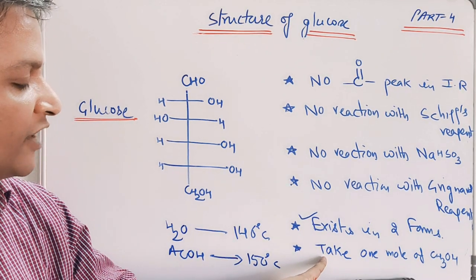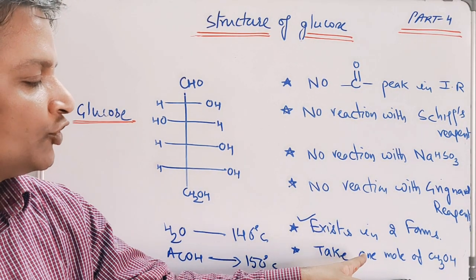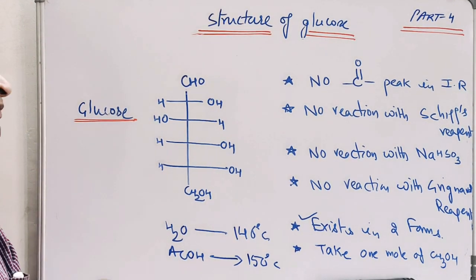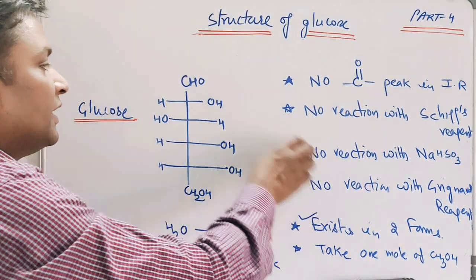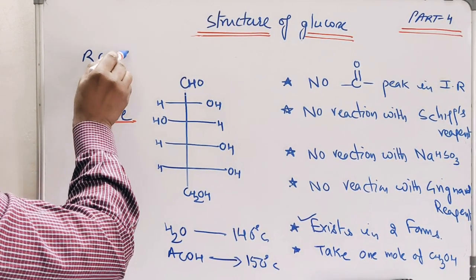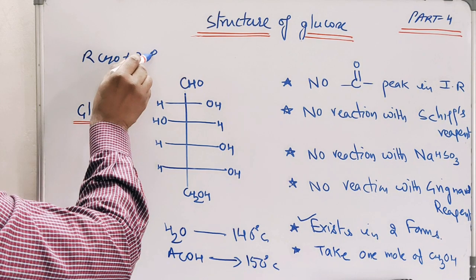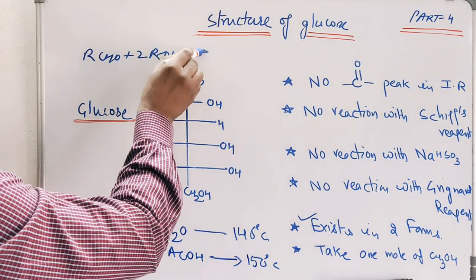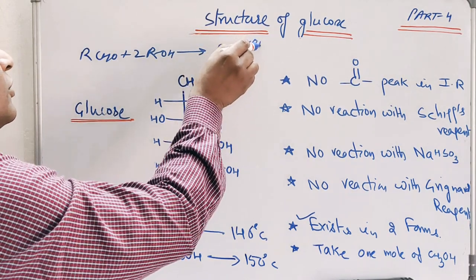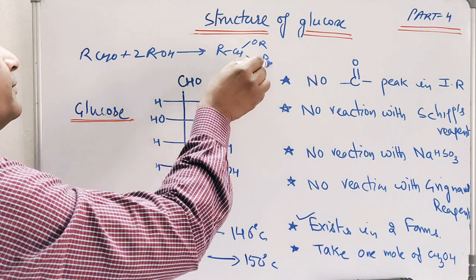And third, the last point is that glucose was consuming only 1 mole of methanol to give hemiacetal. As all of us know, aldehyde reacts with 2 moles of alcohol to give acetal, RCH(OR)(OR).